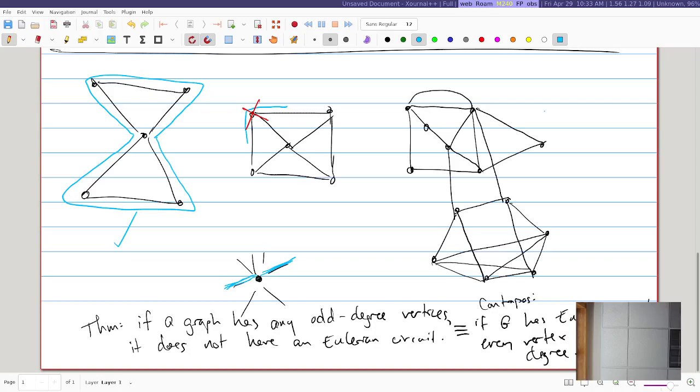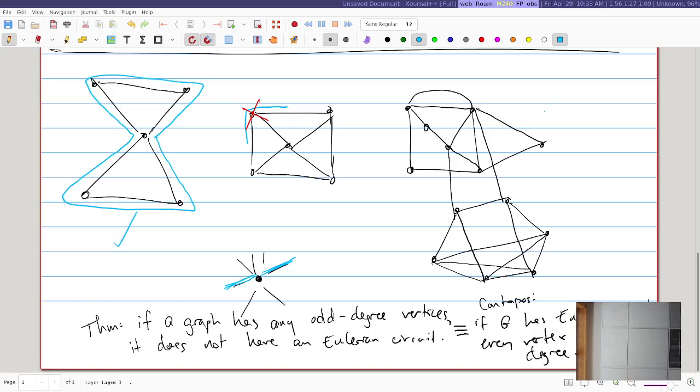Based on what we've talked about so far, does that guarantee that it has an Eulerian circuit? I see some yeses, some no's. So we definitely know that if there were any odd vertices, then it would not have an Eulerian circuit.